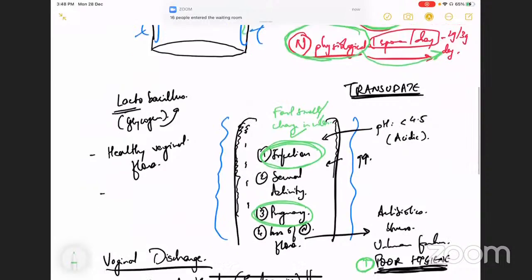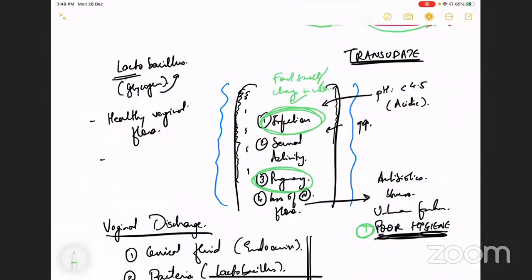Apart from this, you should remember that the normal pH of vagina is going to be an acidic pH, which is going to be constituted by a huge number of lactobacillus, which is the normal flora of the vagina. Any condition which causes a change in these parameters, any condition which causes increase in the transudative activity, that means increase in the blood flow to the vagina, can cause increased white discharge through the vagina.